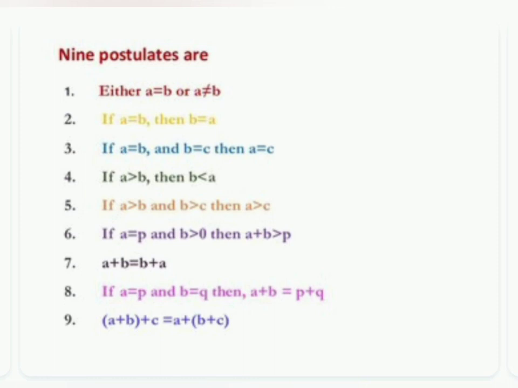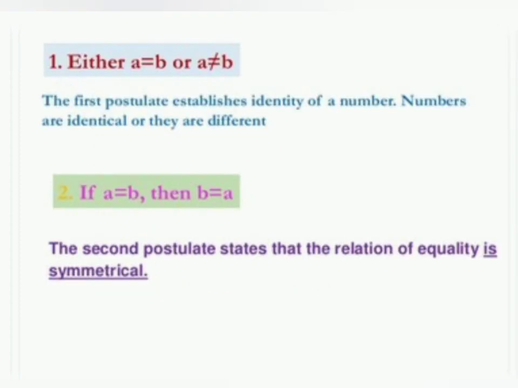No other relationship possibilities are there. The second is if A is equal to B, then B is equal to A. So if I have two groups and two properties and I am saying that A is equal to B, then obviously B is equal to A.